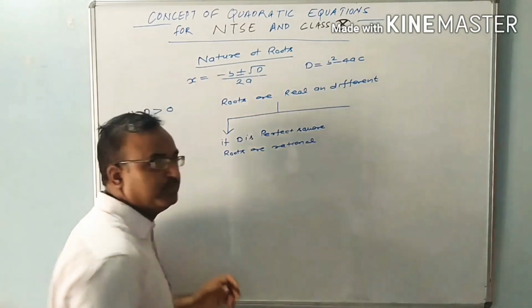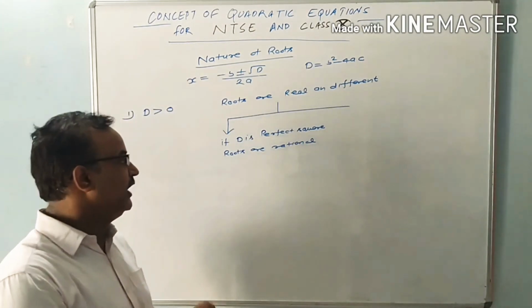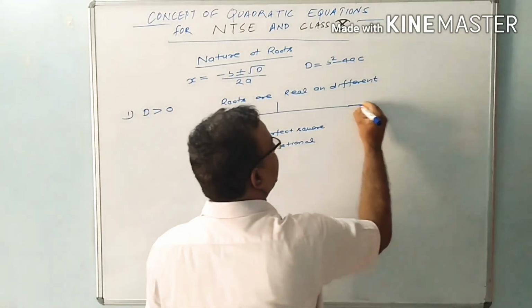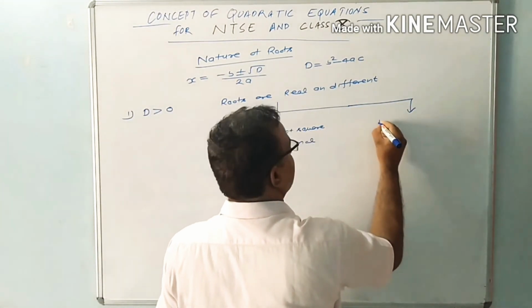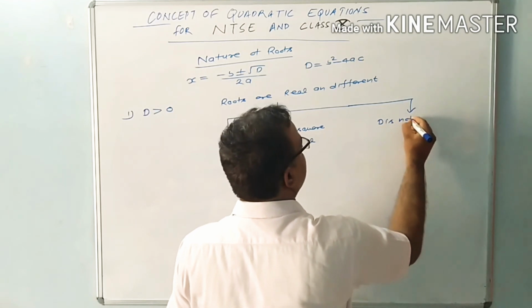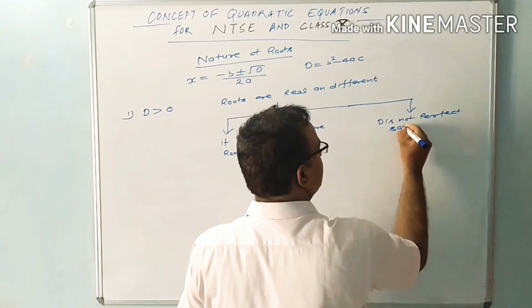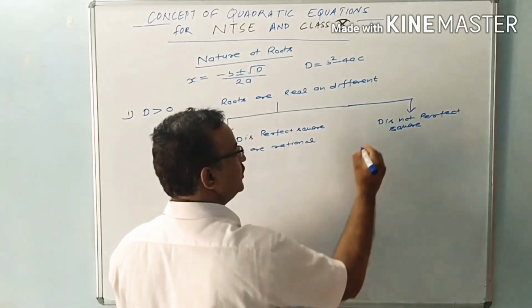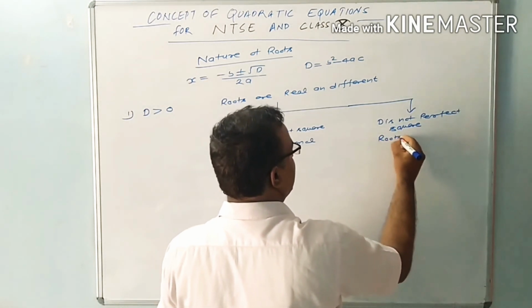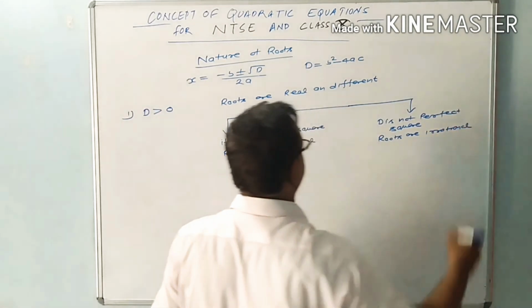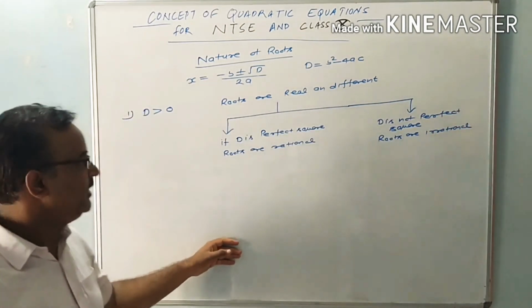I think you know a rational number, a number which can be expressed in the form of p by q, where q is not equal to 0. And if d is not a perfect square, then roots are irrational. This is a very important concept.